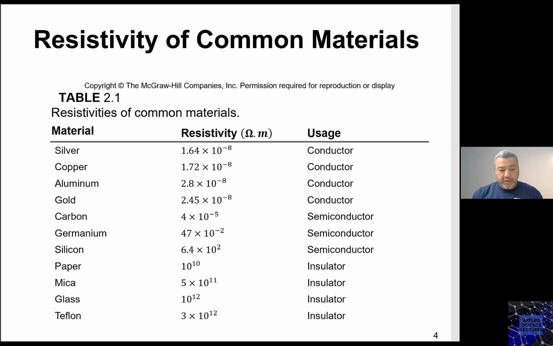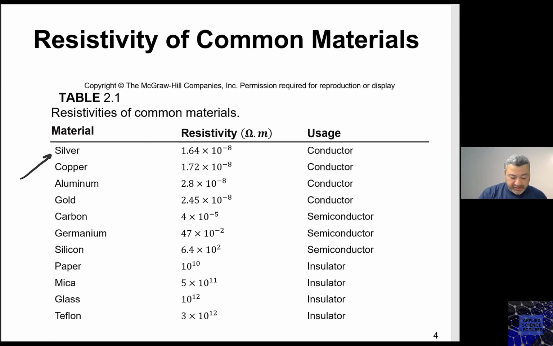So just to compare the resistivity among other materials that we have, you can see that silver here has the lowest resistivity in ambient conditions. Silver has a resistivity of 1.64 times 10 to the power minus 8.